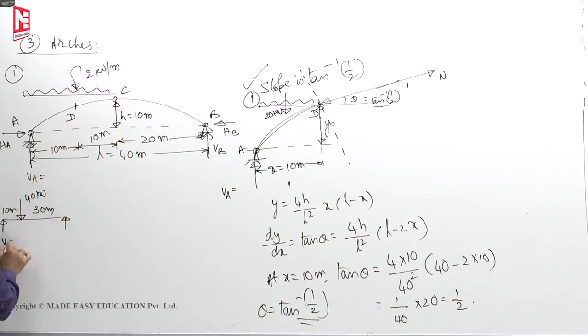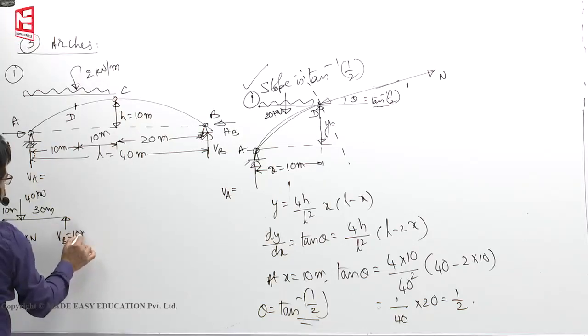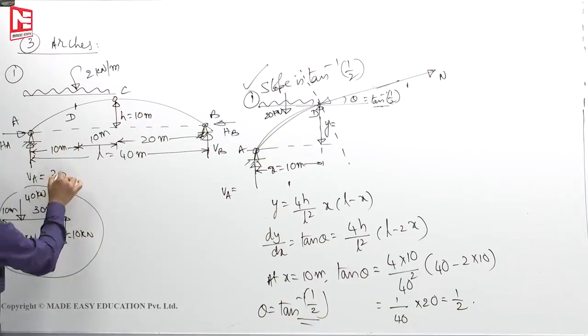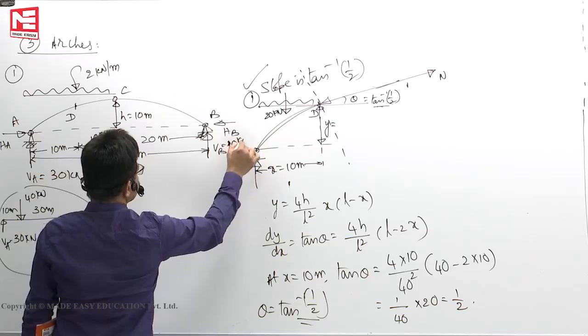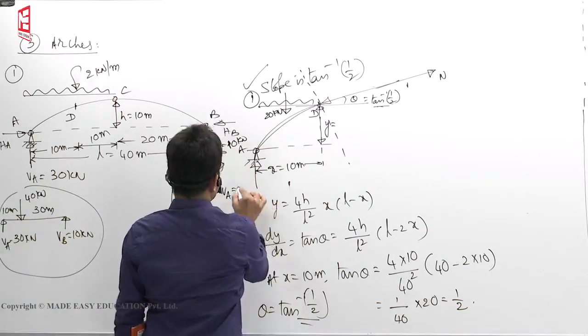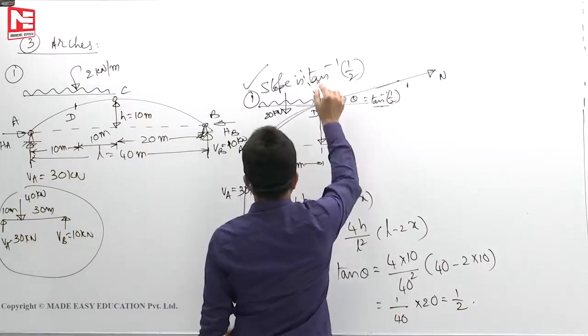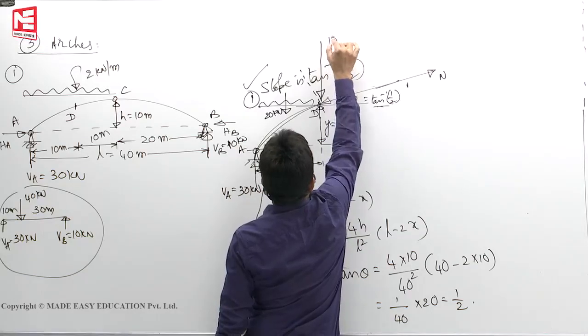So VA you will get WB by L, means 30 kilonewton. VB is 10 kilonewton. These are the reactions. So 40 tallied. VA is 30, this is 20, so there is a net force of 10 kilonewton down.